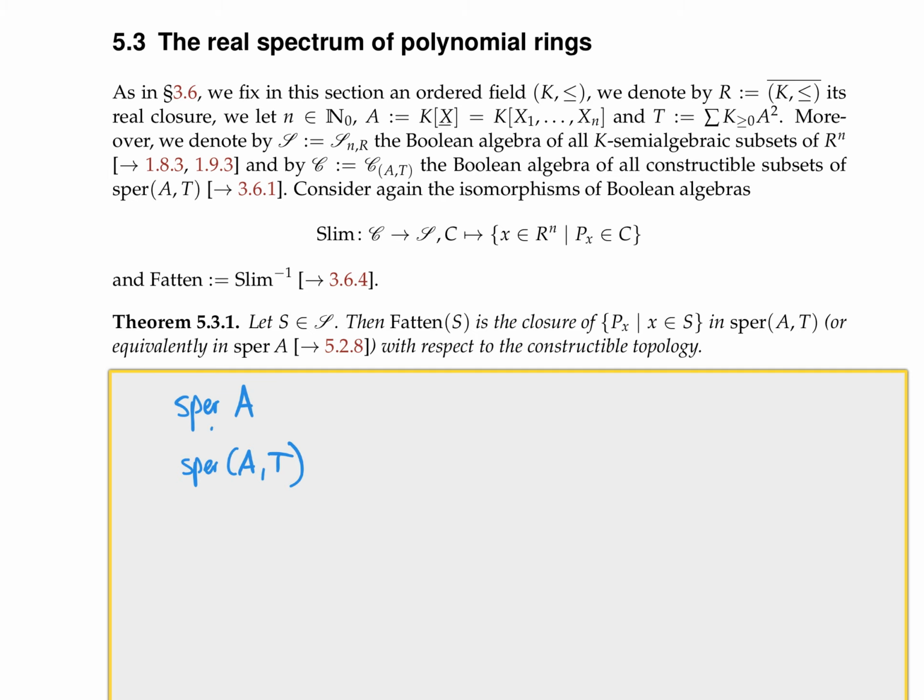The induced topology, of course, because the real spectrum of A_T is a subset of the real spectrum of A, and I mean that I look at the induced topology. Okay, so maybe I even make a reminder on induced topology, the subspace topology.